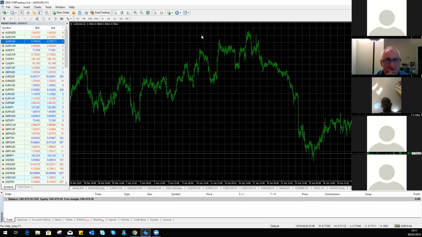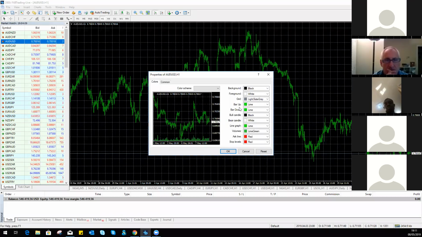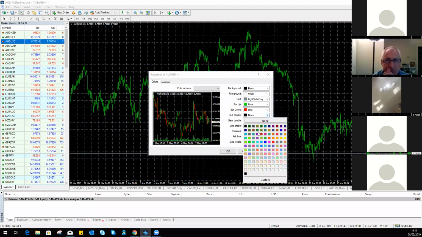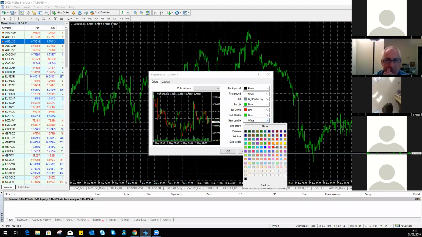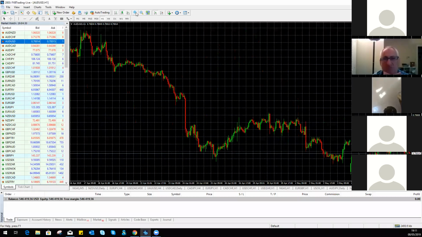Okay. So once you open up a new chart, this is basically how it looks. Now I'm just going to adjust my colors a little bit so that I have a contrast between the bull candles, basically the candles going up, and the candles going down. My candles that are going up, I'm going to keep green. The candles that are going down, I'm going to make red, so that it gives me a contrast between bull and bear candles.